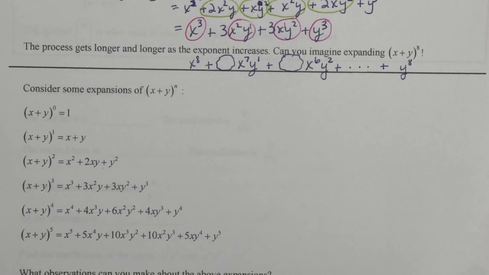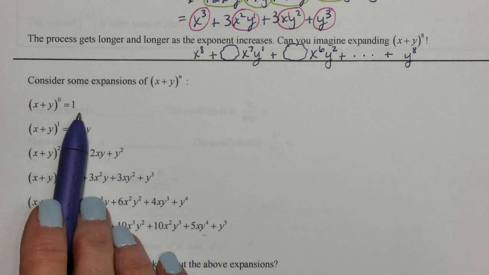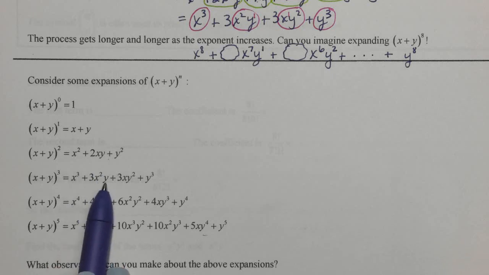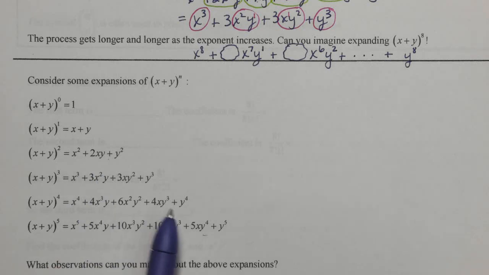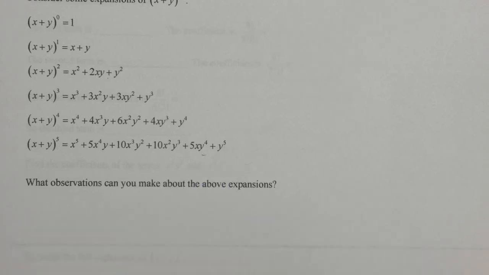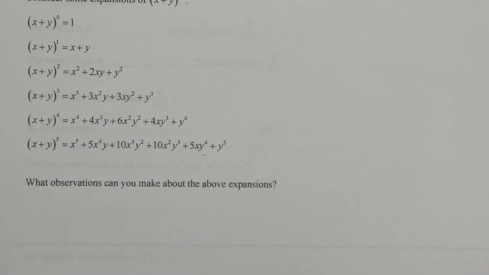Let's consider some expansions of x plus y to the n. And in class I'm going to give you guys some time to take a look at these expansions. And then you guys are going to tell me what patterns, what observations do you see with these above expansions?